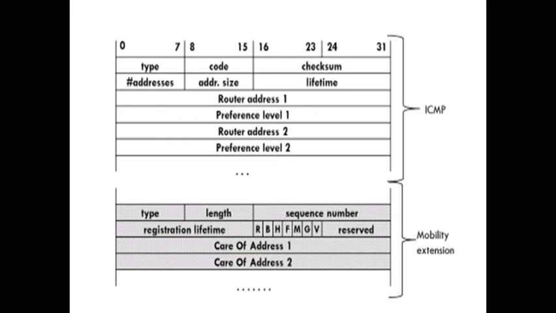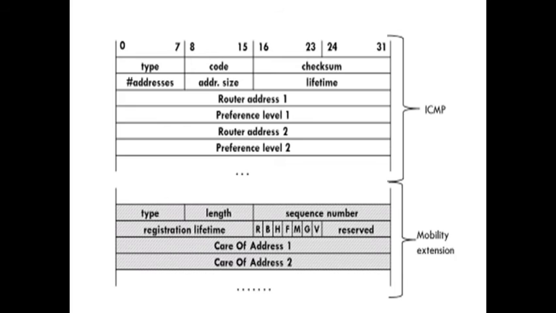And the following two bits, H and F, are used to denote if the agent is offering services as a home agent or as a foreign agent. If it is offering services as a home agent, then the H bit is set. If an agent is offering services as a foreign agent, then F is set on the link where the advertisement has been sent.